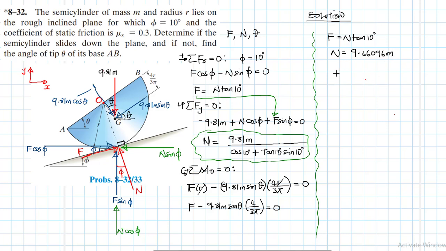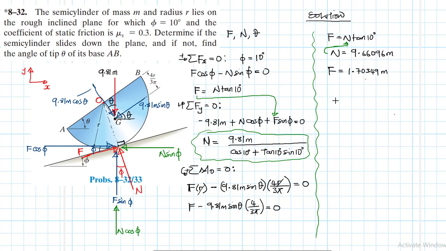All right, and therefore our F is going to be equal to, if we replace this here, n times tan 10 degrees, which becomes 1.70349 m.